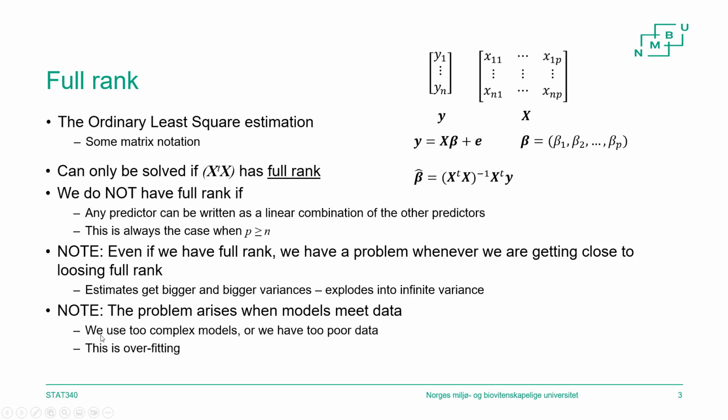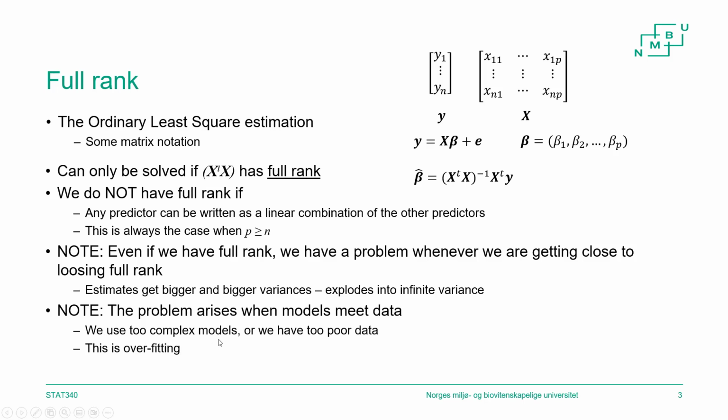And we have actually seen this before, because this is a problem that arises when models meet data. That's important to know. It's not the model in itself which is wrong or bad. It's just that the model is not fit for these particular data. If you had a bigger data set, the model would be fine. So it's only a problem where models meet data.